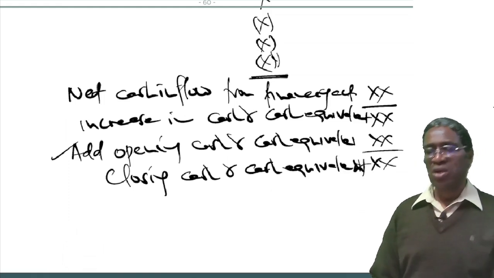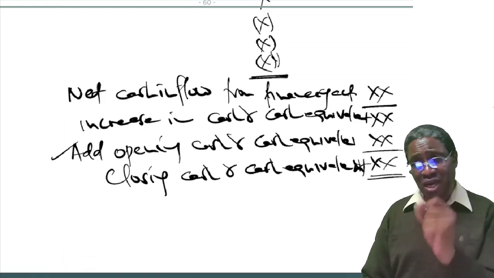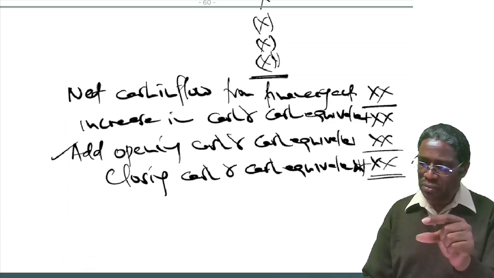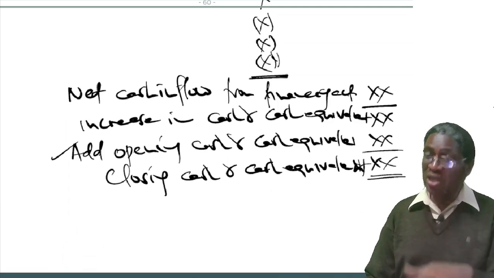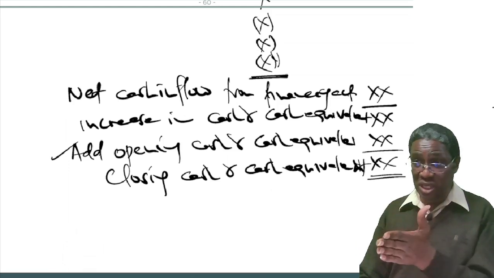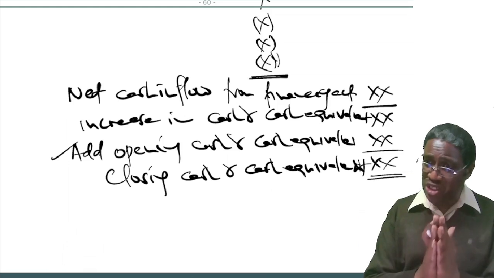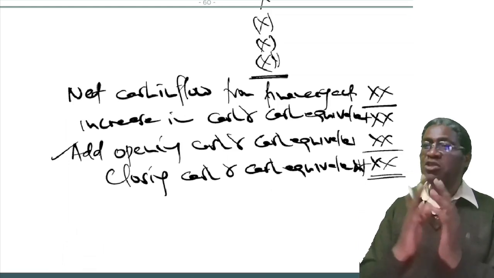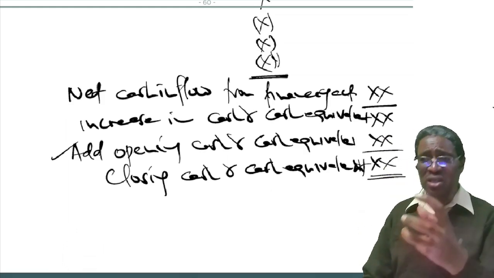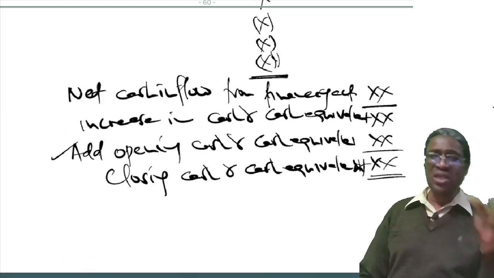Good. Now, whatever is the closing cash and cash equivalent down here, that should be the same as the amount in the balance sheet for this year. If you go to the balance sheet of this year, whatever closing cash and cash equivalent is given there should be the same amount you have got here, because you are supposed to reconcile the two balances, last year's balance of cash and cash equivalent and this year.